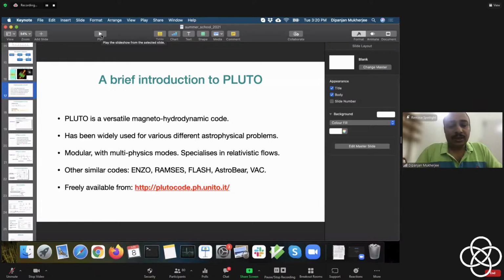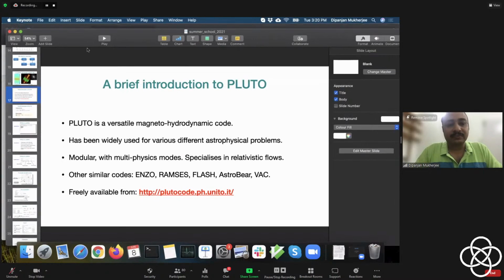I am giving you the overview of this code Pluto because Pluto is very easy to use, and if you have studied fluids and fluid dynamics in your courses, and if you're interested to follow up on your own, you can use this code without any supervision. It's quite easy to use as long as you know your fluid dynamics or the theory of the fluids. So let's get on to it.